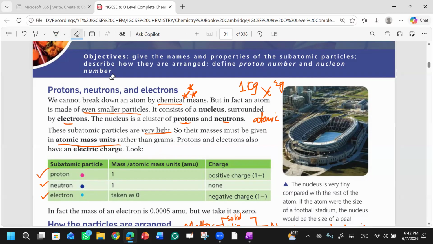Clear? Are you clear with this? Why do we consider atomic mass unit? The masses should be given in atomic mass unit instead of grams.